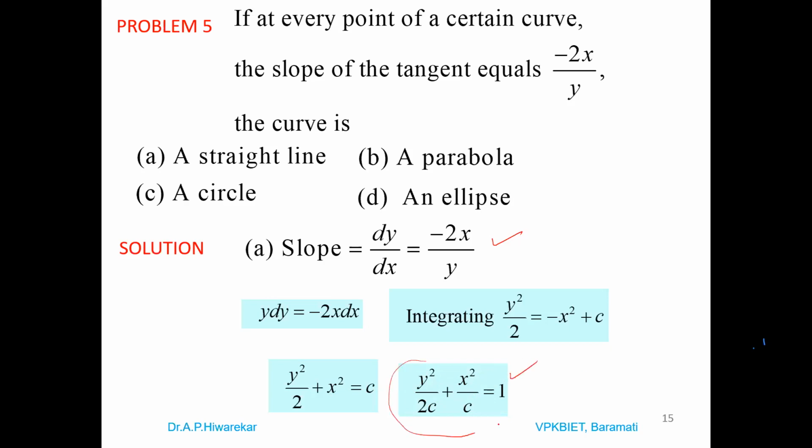And what is this curve? Can any one of you tell me? Whether it is straight line, parabola, circle, or ellipse. What is it? Yes? Akshay or any other student? What is it?